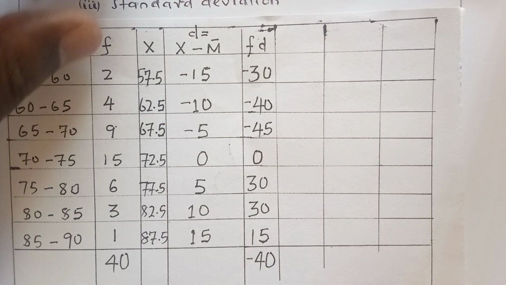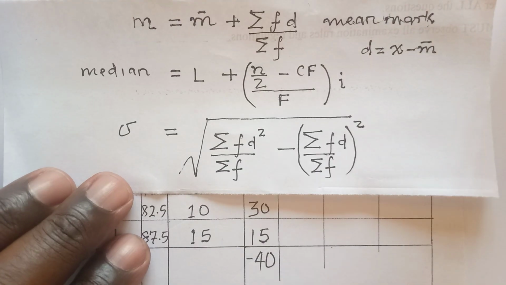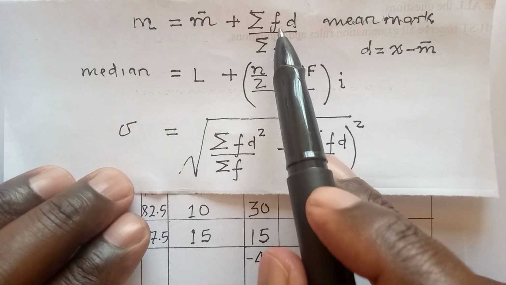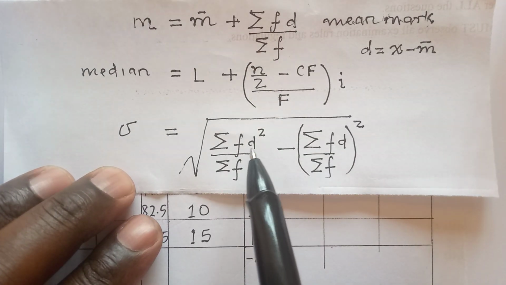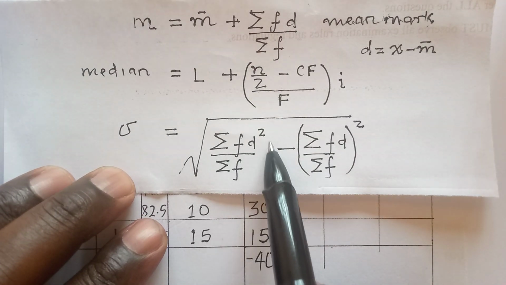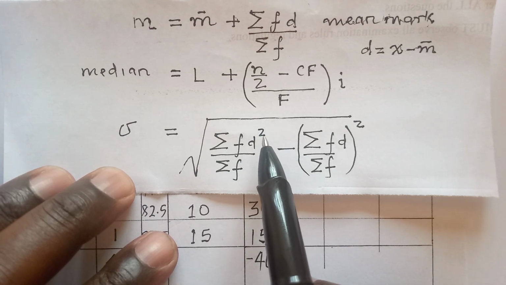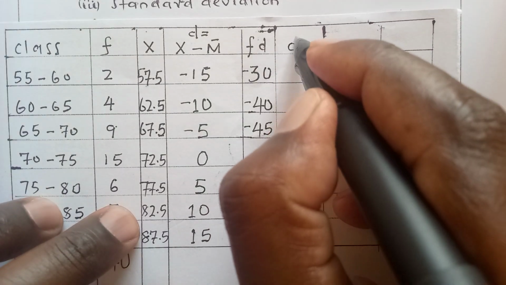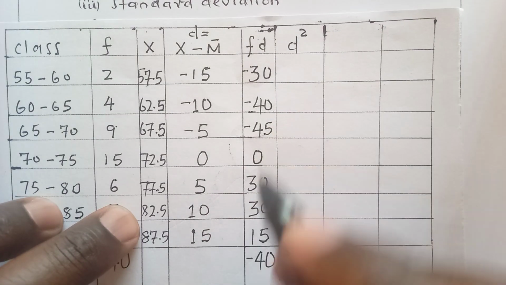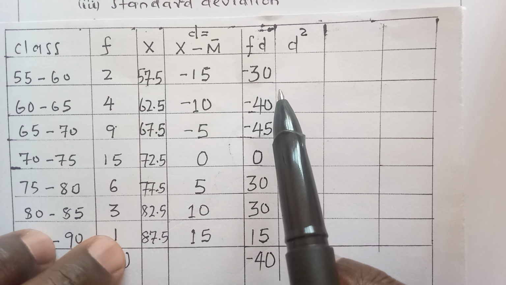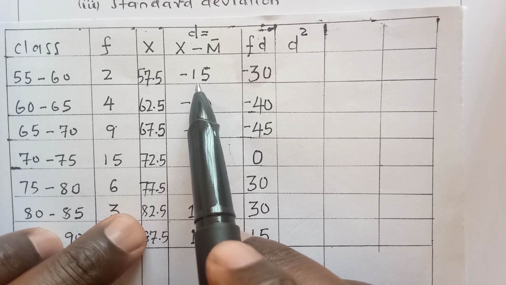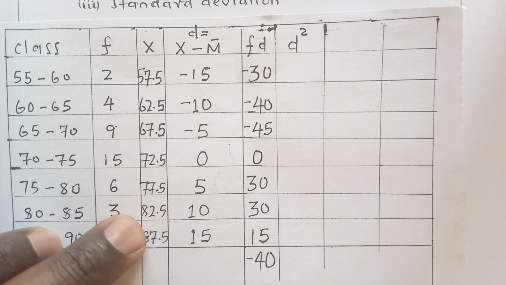And so now we continue. We look at this paper once again. We have FD here, and also we have F and D squared. So we are going to have D squared now. So we write it here, D squared, like that. And so our D is here. So we are going to do 15 times 15.